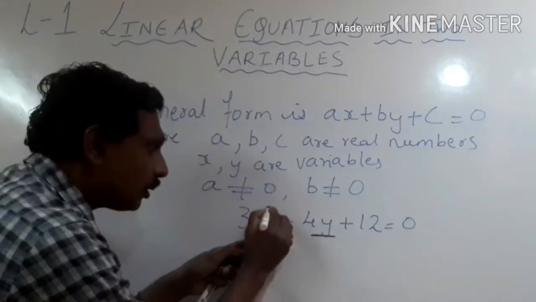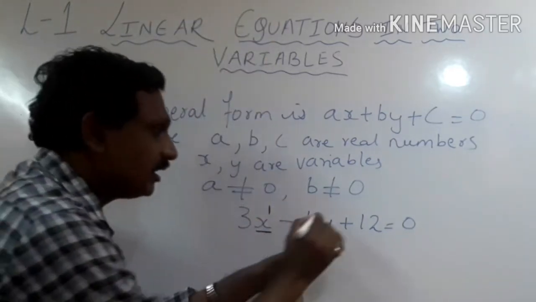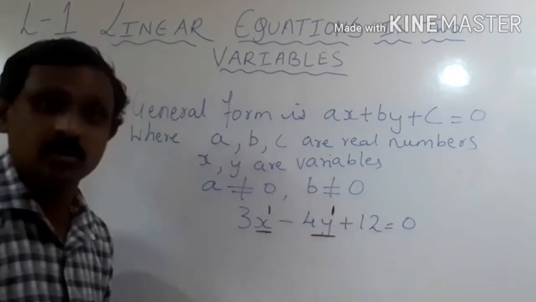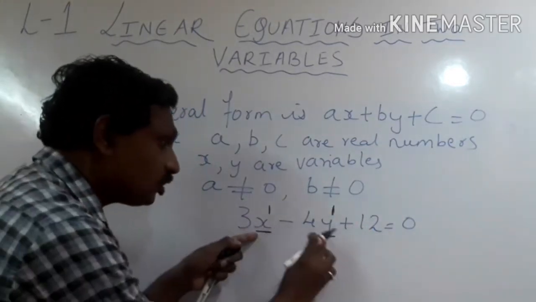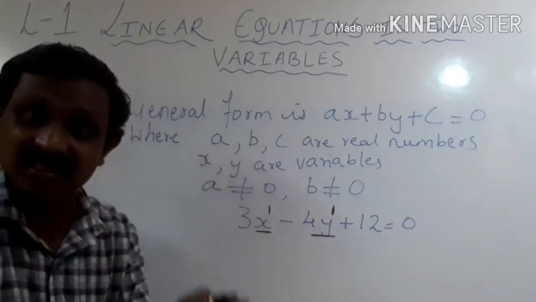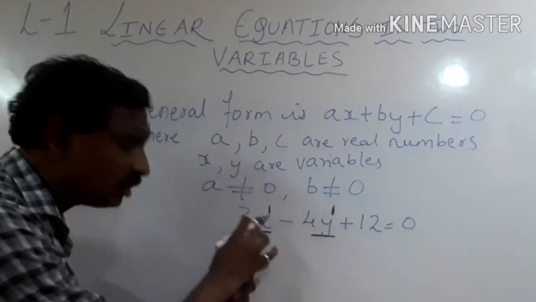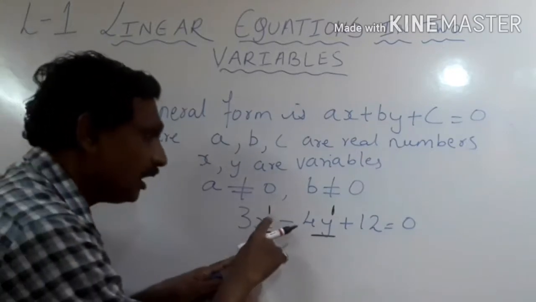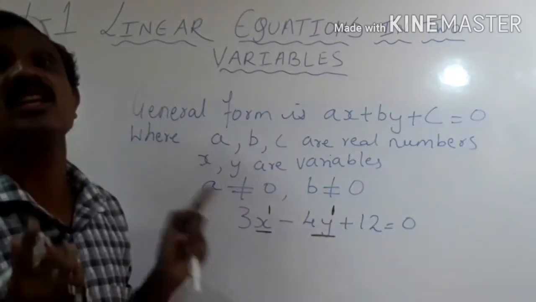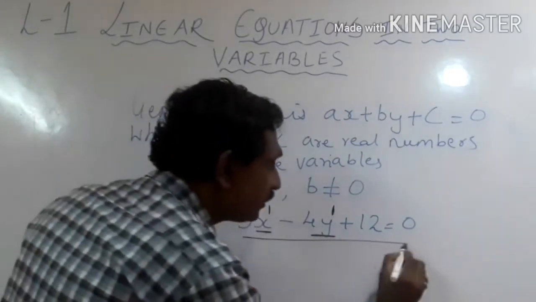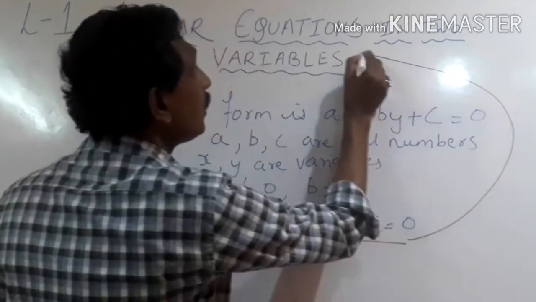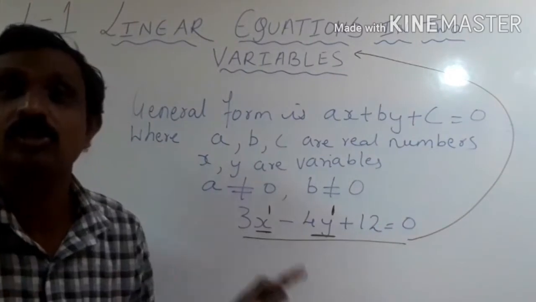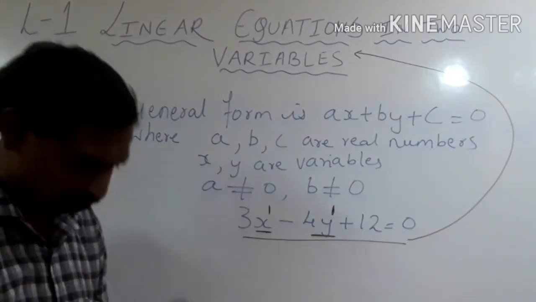The degree over here is 1. The degree over here is 1. Such an equation where there are two variables and the degree of each term containing the variable is 1, such an equation is called as a linear equation in two variables.